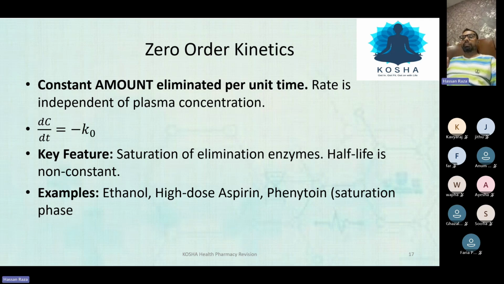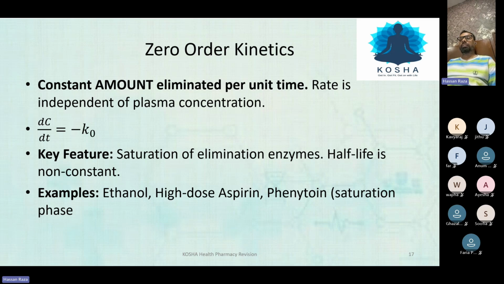These are drugs like aspirin and phenytoin. Aspirin has a dose of 300 mg when you give it as an antipyretic. Aspirin follows zero order kinetics. The chances of getting toxicity with aspirin are higher when you're giving it at 300 mg or 600 mg.